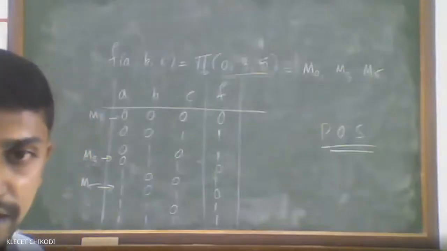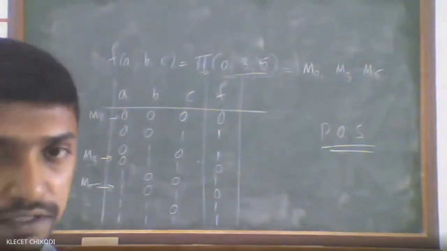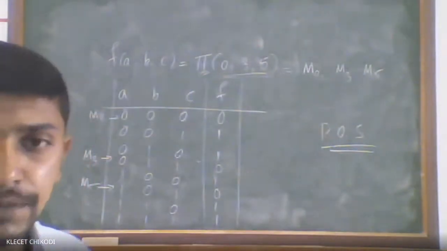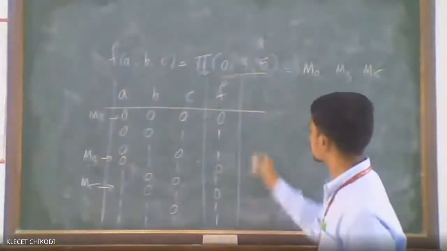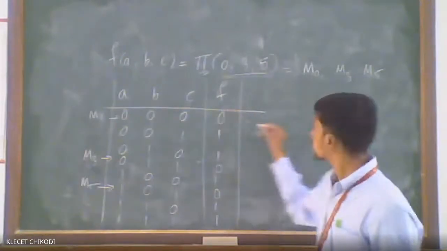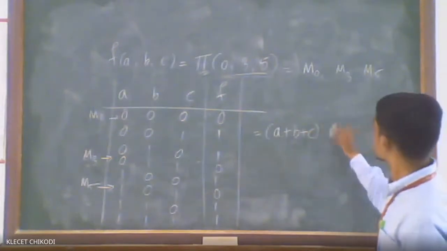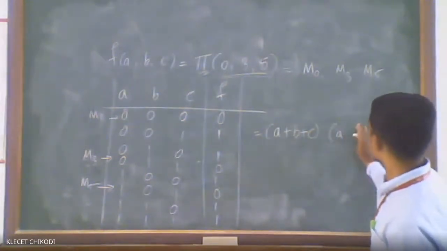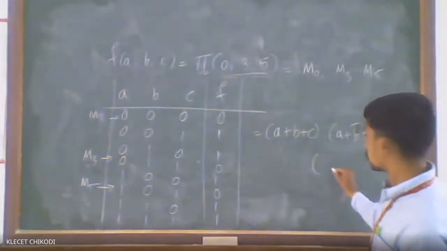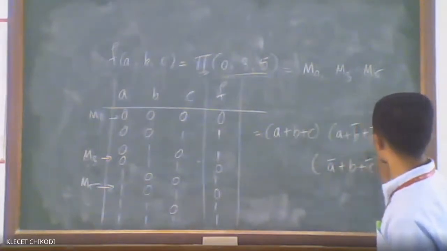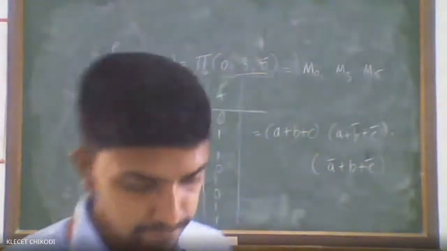Somebody has written it correct. It will be (a plus b plus c) into (a plus b bar plus c bar) into (a bar plus b plus c bar). So this is the Boolean expression.